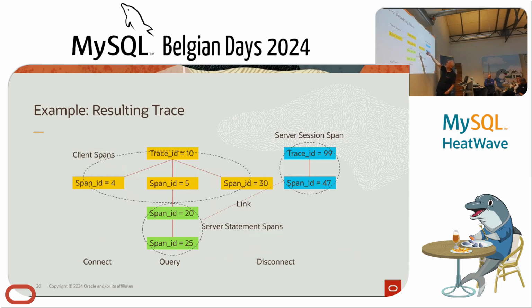And then this is the trace created by the client, which has three span IDs, and this is the server span for statements with a hierarchy potentially on it. This happens during connect. This is the query statement, and this is the connect statement. That generates these traces. That's what I planned to say about traces.